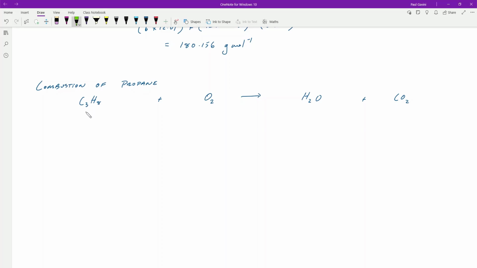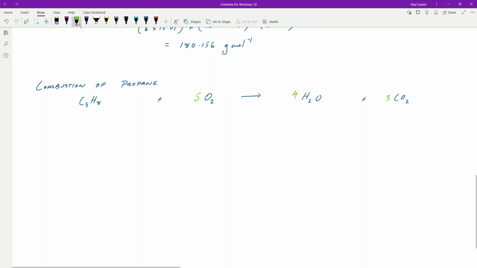Alright, so I've got 3 carbons. I need 3 carbons over here. I've got 8 hydrogens, so 4 2s are 8 hydrogens. So now how many oxygens do I have? So there's 4 there, and 3 2s are 6. 6 plus 4 equals 10. Oxygen comes in packets of 2, so I'm going to stick a 5 out the front there.